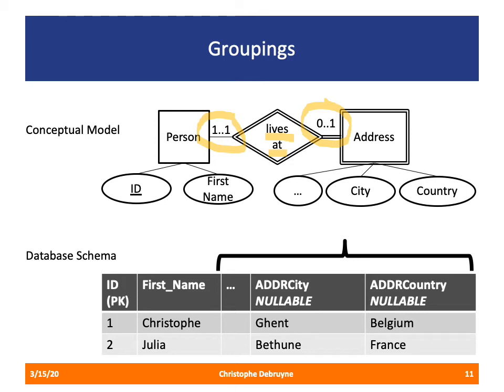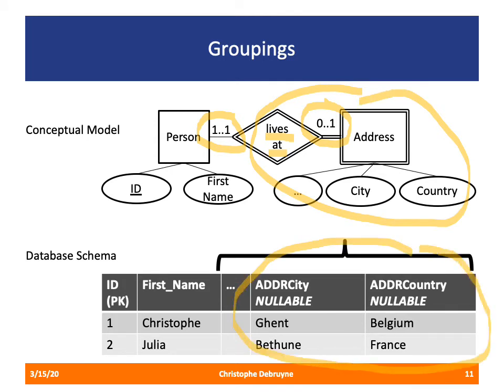Why? The existence of an address depends on a person, and we don't keep track of complex relationships other than those with people in the conceptual model. So all the attributes of an address are grouped into the table person.